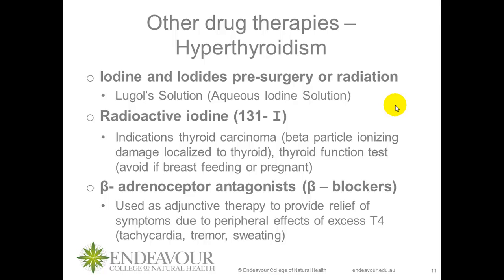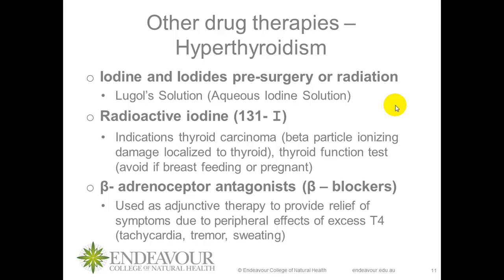There are other medications for hypothyroidism that you may see in use. First of all, we mentioned iodine and iodides. Here, the person might be about to have surgery to remove some of their thyroid tissue, or perhaps a carcinoma, or they may be about to receive radiation.